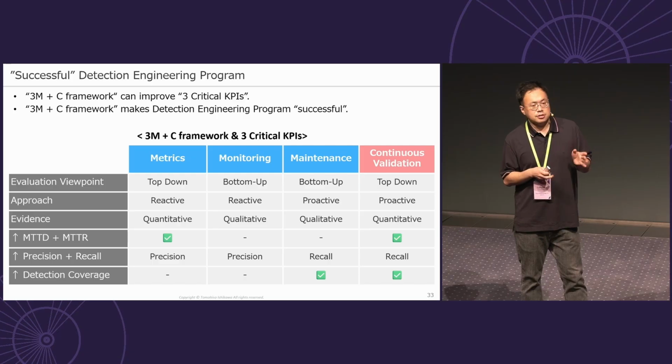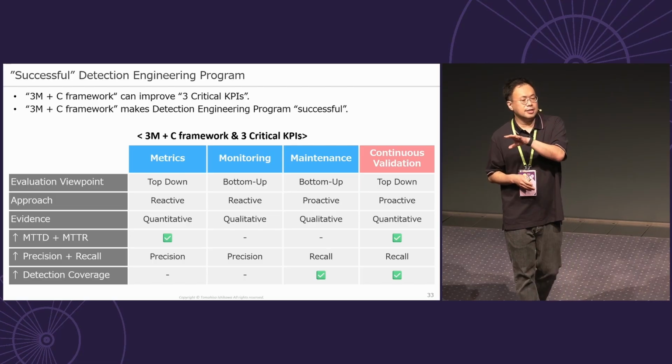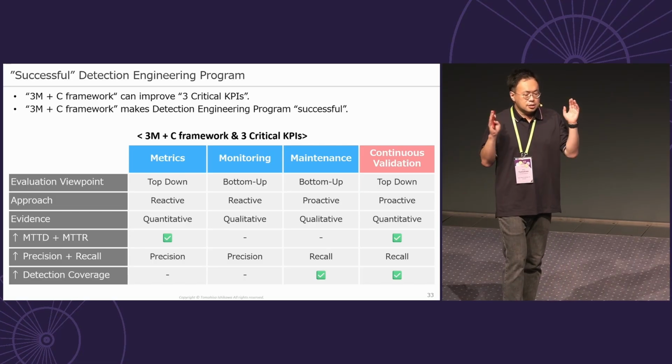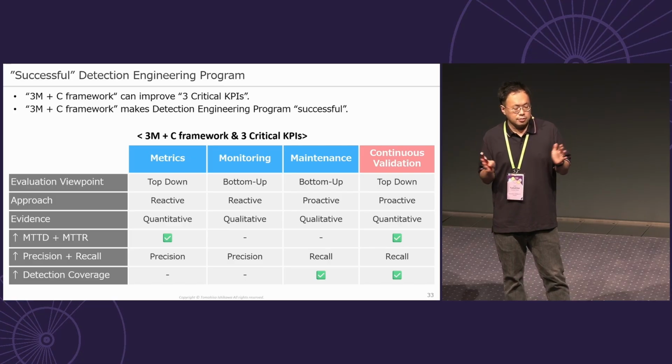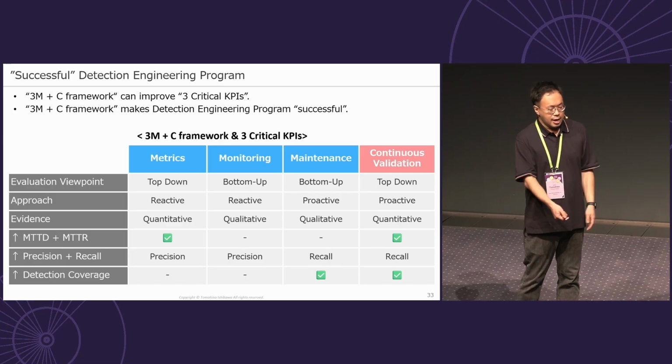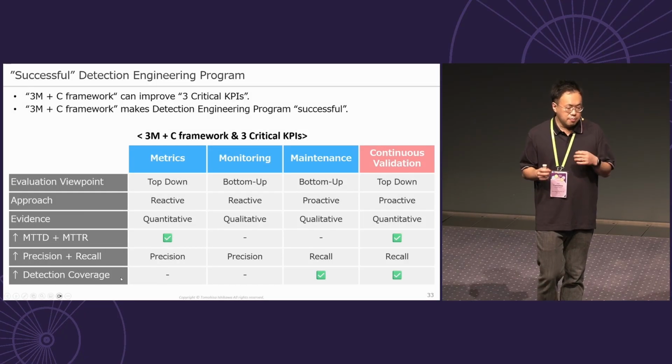In the last section, I talked about the 3M+C framework, which is metrics, monitoring, maintenance, and continuing evaluation. These four concepts are very closely related to the three critical KPIs I mentioned: MTTD and MTTR, precision and recall, and detection coverage. Let me explain a little.